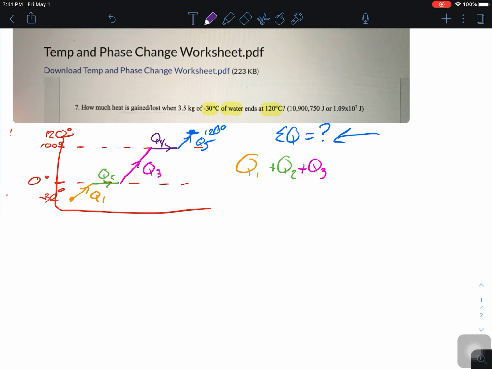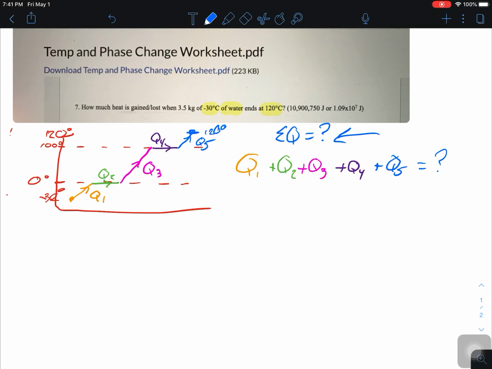Plus Q4 plus Q5 equals question mark. Or what we're really saying is it's the sum of all my Q's. That's what we're solving for, though.